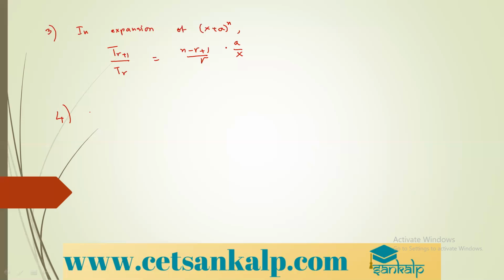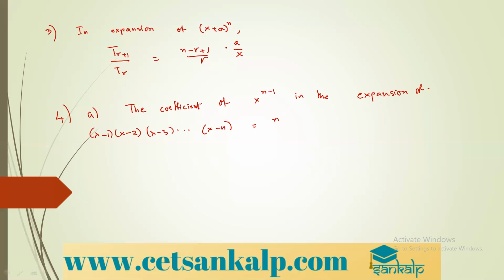Similarly, fourth, if I take the coefficient of x^(n-1) in the expansion of (x - 1)(x - 2)(x - 3) up to (x - n), that will be nothing but n(n + 1)/2, but it will have a minus sign.